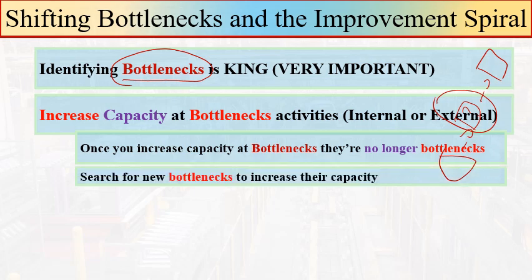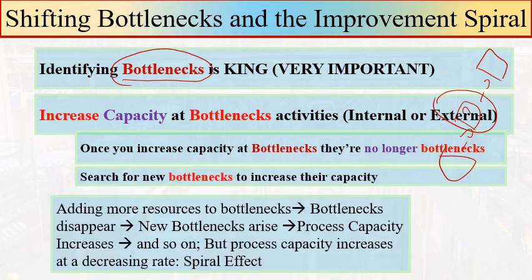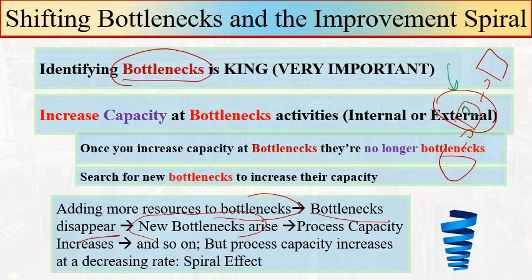But remember something very interesting that happens. Every time you add more resources to bottlenecks, they will disappear, but new bottlenecks will arise. Let's look at this example. This process is now the bottleneck. If we add more resources, maybe this one will now become the bottleneck, right?